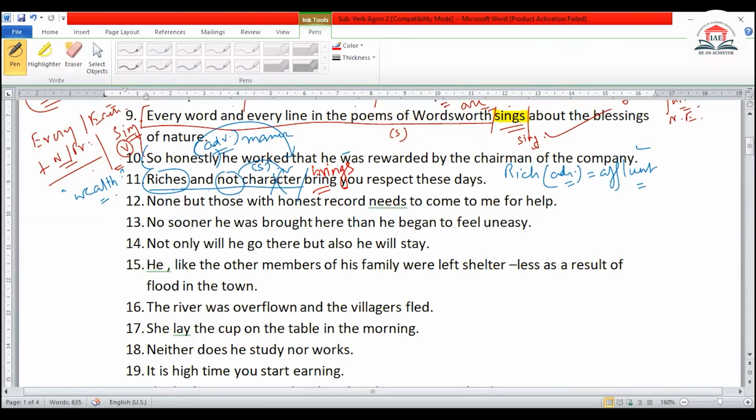Again, the same thing. Which one are we removing from the sentence by the use of the word none? None. No, nothing, none. But after but, it is written in a very positive sense. Those with honest records.